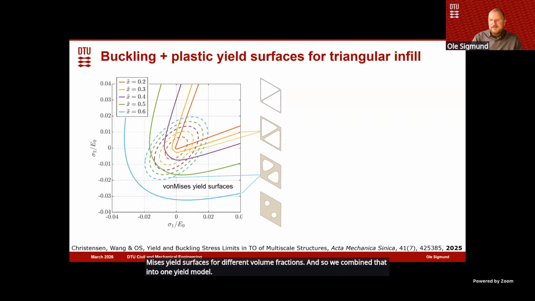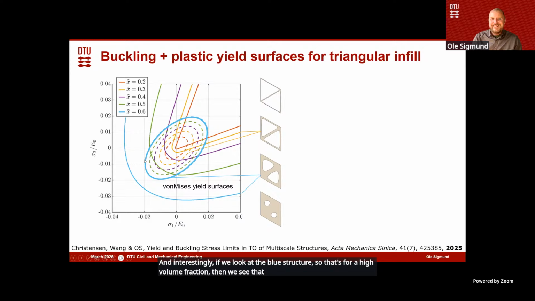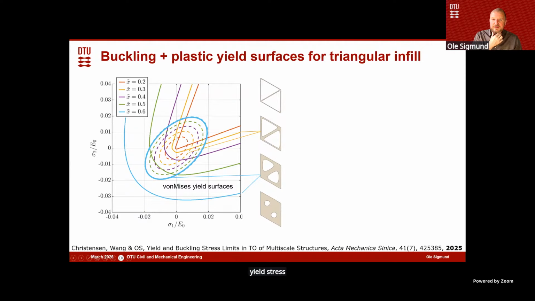And interestingly, if we look at the blue structure, so that's for a high volume fraction, then we see that the plastic yield surface is always smaller than the buckling yield surface. So it means that for higher volume fractions, it's only the yield stress constraint that is active, or the plasticity stress constraint.